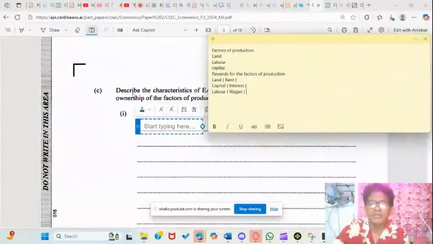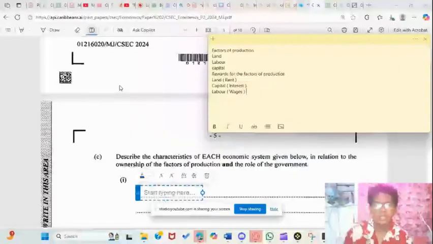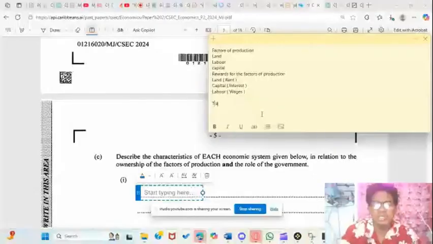So they said for this question, describe the characteristic of each of the economy systems given below in relation to the ownership of factors of production and the role of government.